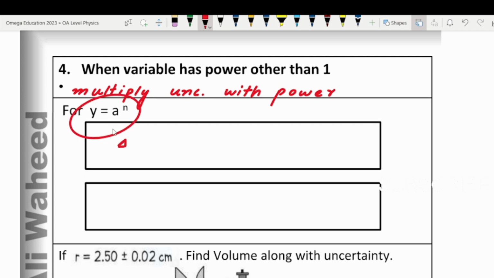So if you have an equation that looks something like this, y equals a raised to the power n, the exponent is n. N means the exponent can be anything. It can be 2, 3, 4, 5, 6. If it is 1, then it would be treated as case number 2. So the percentage uncertainty in y equals the percentage uncertainty of a multiplied by the exponent, so n multiplied by the percentage uncertainty of a.